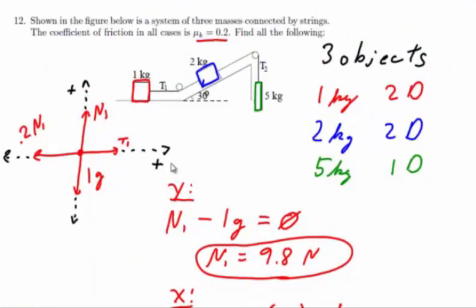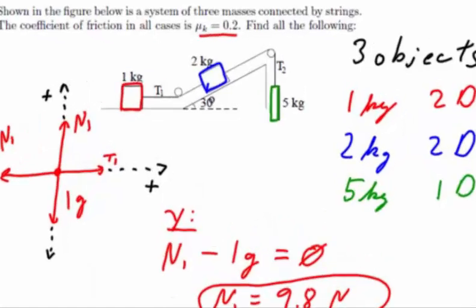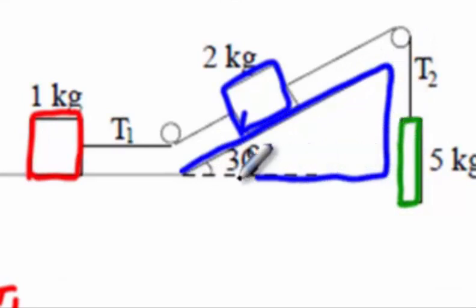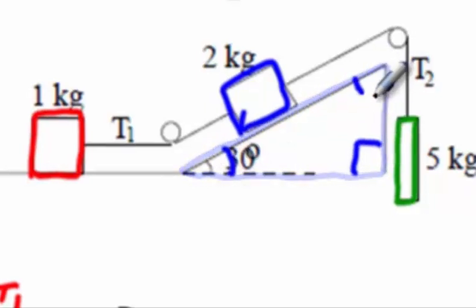Cute trick. If you look at the problem as it was given to us, you will find that there is a triangle which has been denoted. This triangle, as all good triangles are, is a right triangle, and it has 30 degrees in one corner and 60 degrees in the other corner.